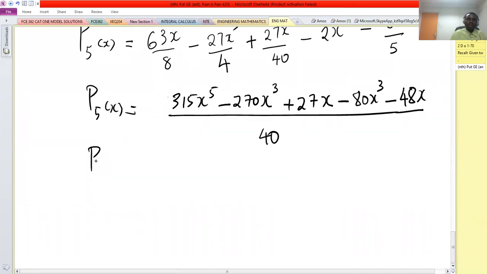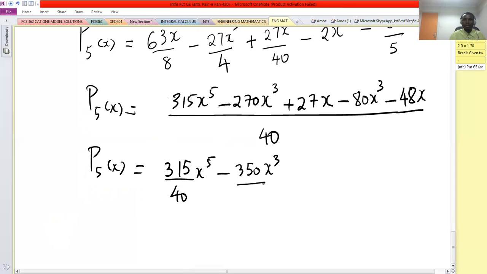So then P5(x) can be written as 315 over 40 x to the power 5. Now this term and this term are common. So minus 270 minus 80, minus 350x to the power 3 over 40, and then 27 minus 48, that is minus 21.